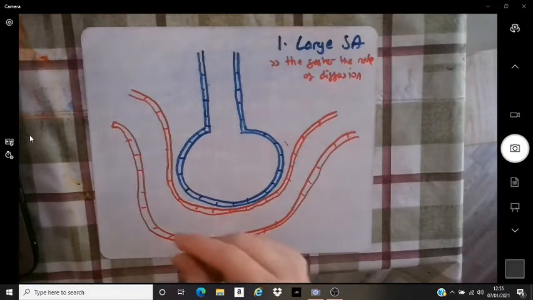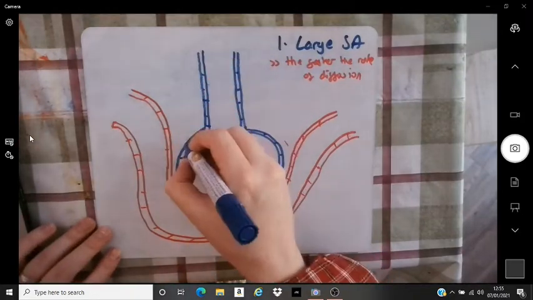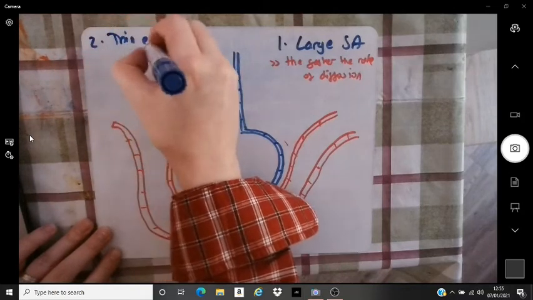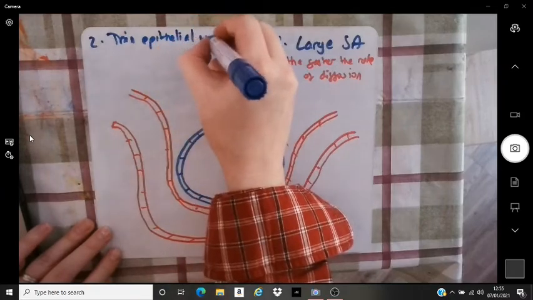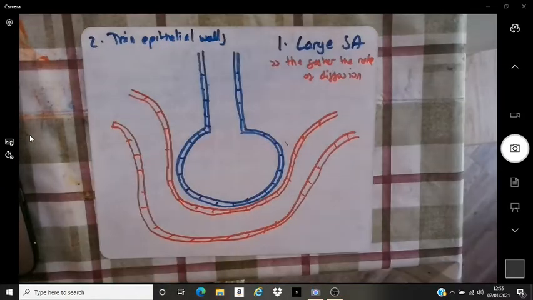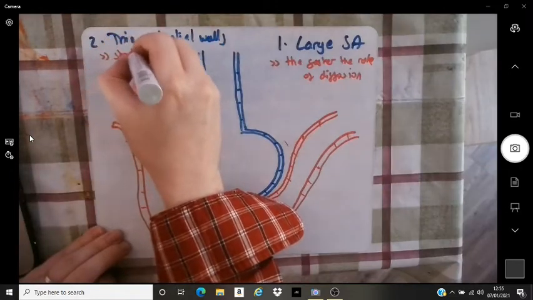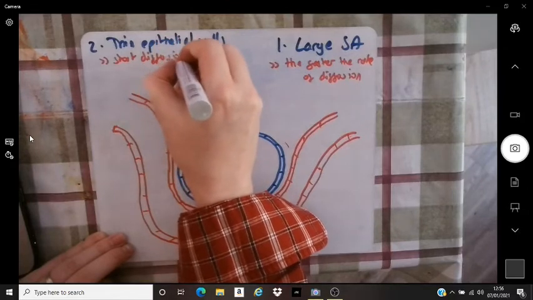Secondly, these epithelial walls. They are 1 cell thick. So thin epithelial walls is giving that short diffusion distance.